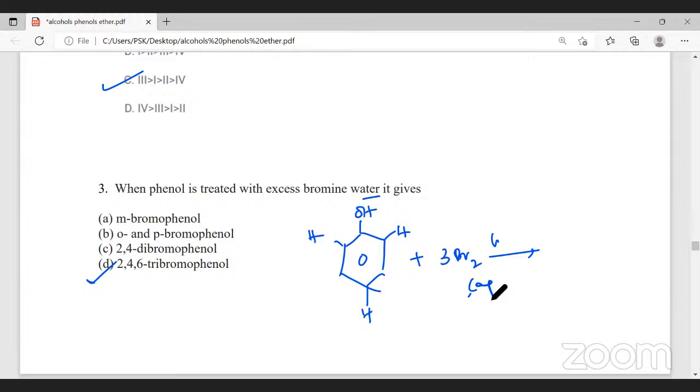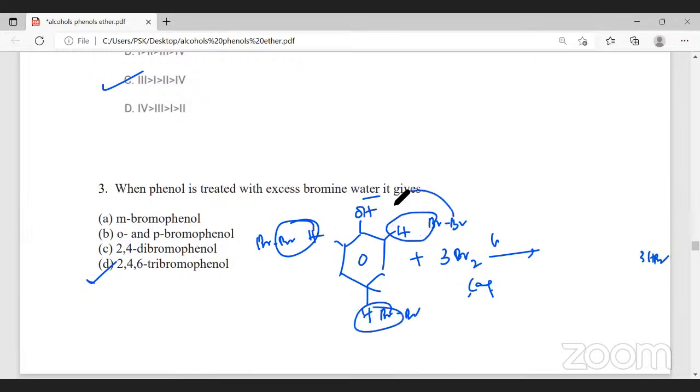HBr gets eliminated, 3 HBr. In place of H, bromine, bromine, here also the bromine. So you get a white precipitate of 2,4,6-tribromophenol.